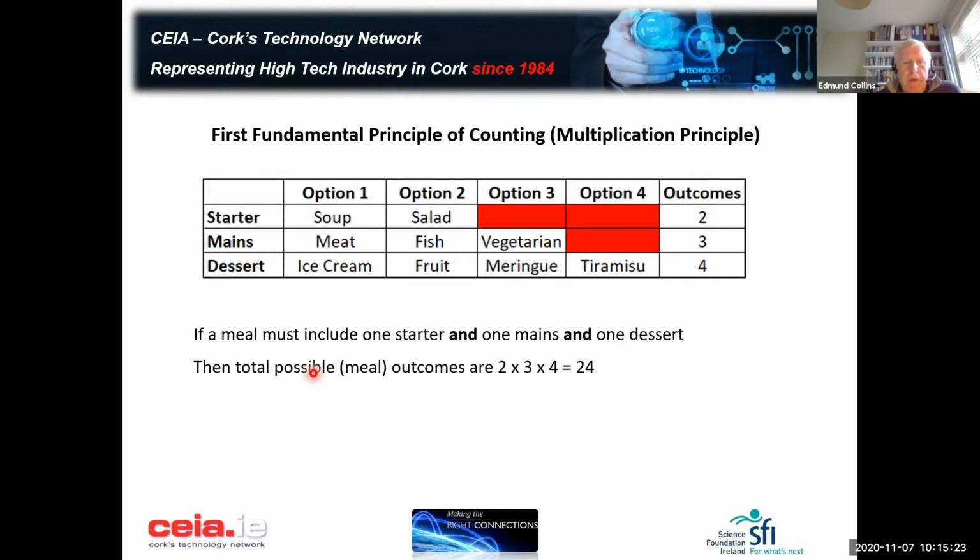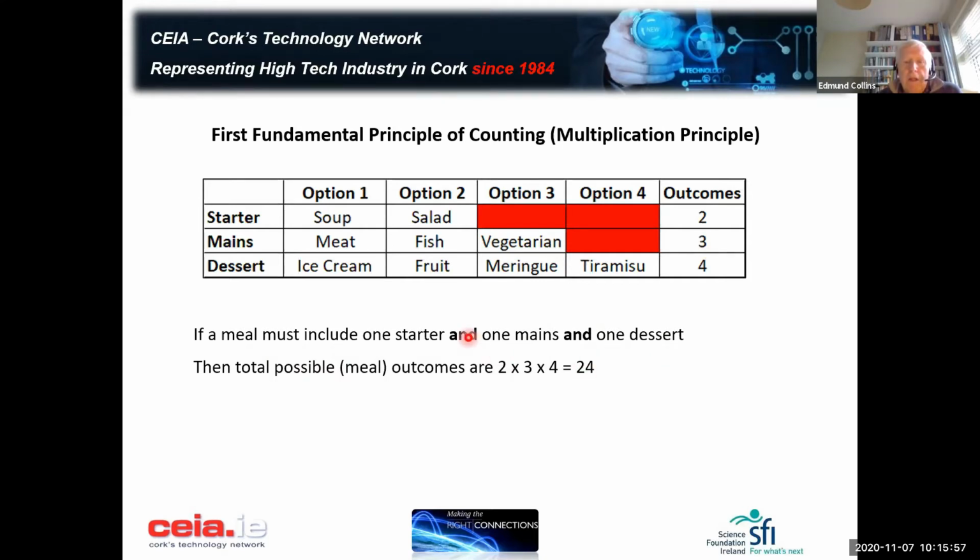Now, if a customer coming in has to order a meal which must include 1 starter, and it's very important this now in the multiplication principle, and 1 mains and 1 dessert, then the total possible meal outcomes are going to be 2 for the starter, multiplied by 3 for the mains, multiplied by 4 for the dessert, and that equals 24.